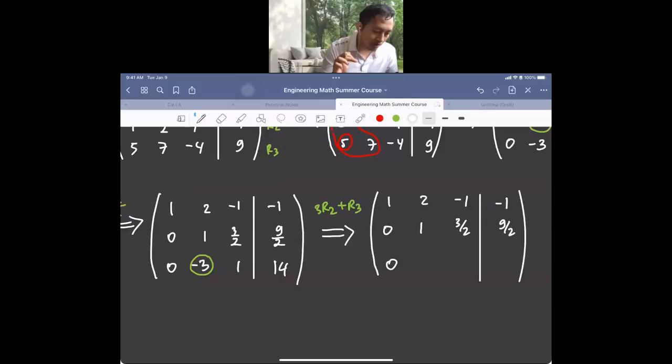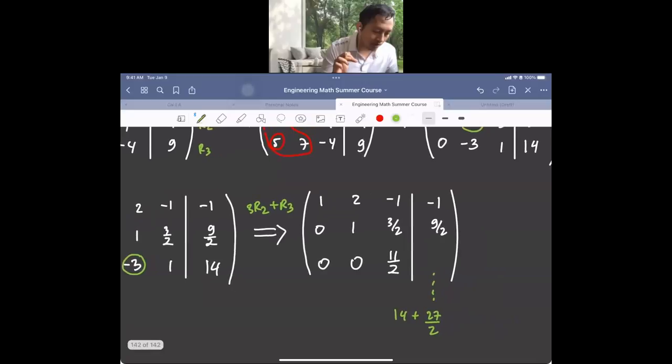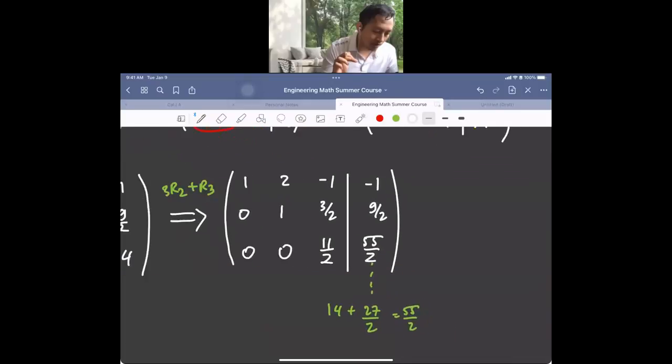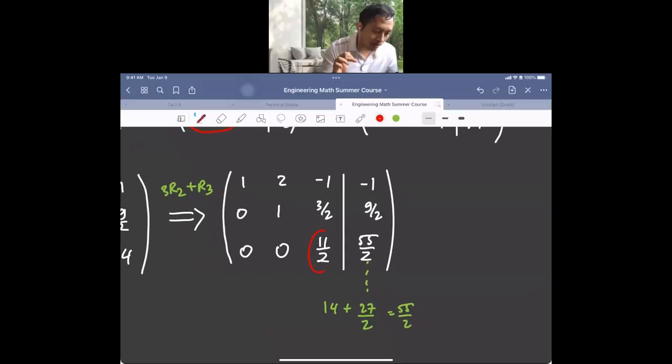So 0 is 0. Negative 3 plus 3 is 0. 1 plus 9 over 2 is 11 over 2. And 14 plus 27 over 2, which is 28 over 2 plus 27 over 2, is 55 over 2. Okay, it's a really good number.